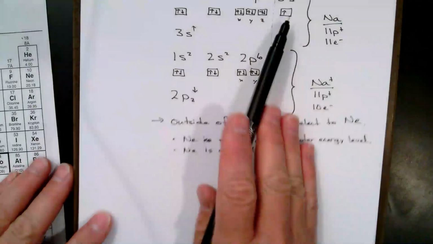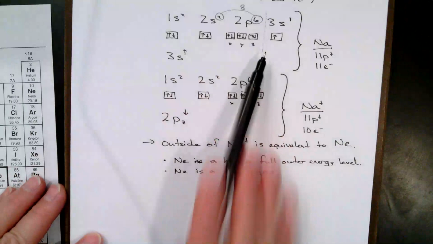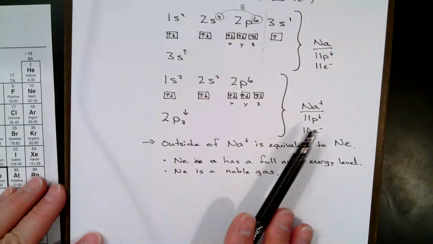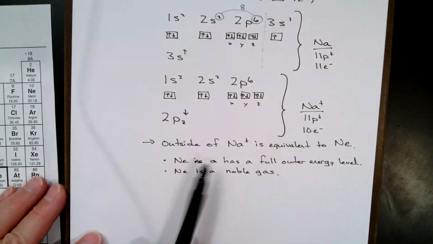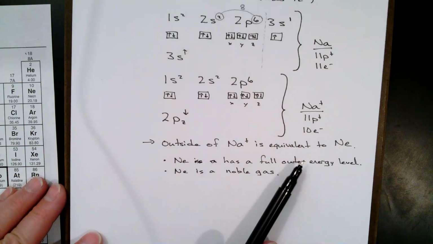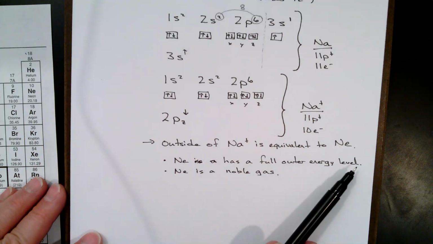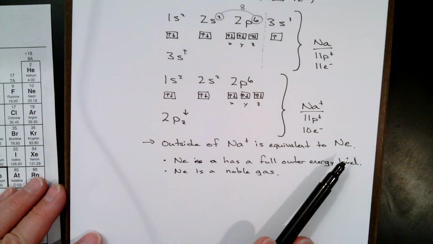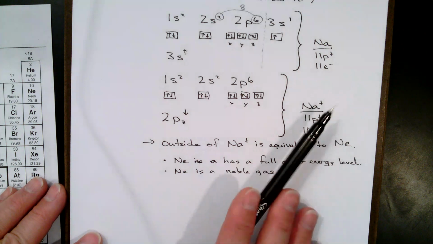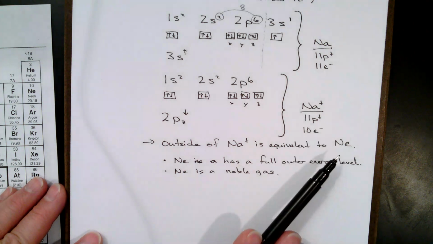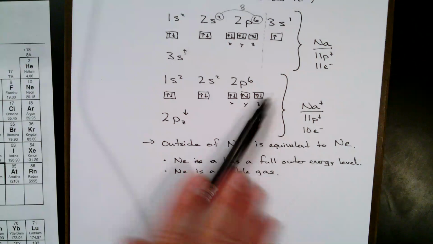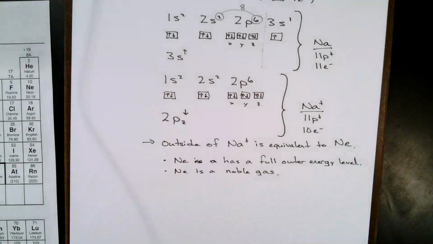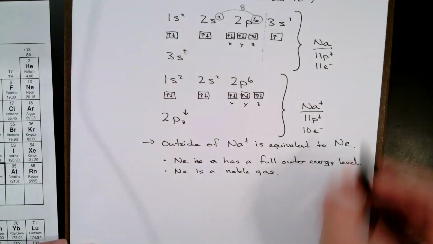It loses its valence electron to turn into an Na+, so that on the outside it's equivalent to the nearest noble gas. Because metals want to lose electrons, it loses one electron, and now on the outside it looks like Ne.